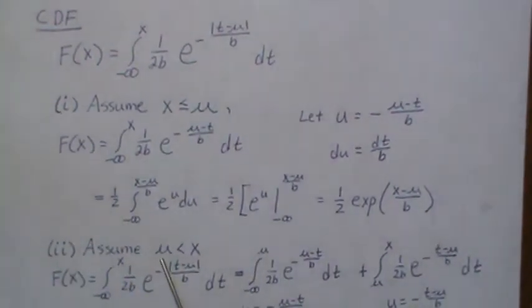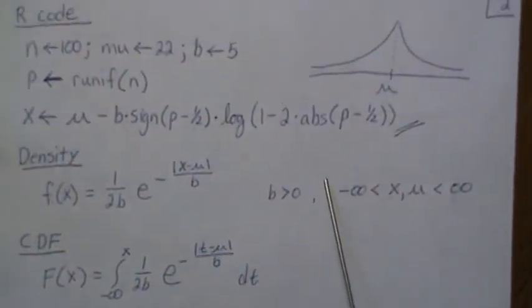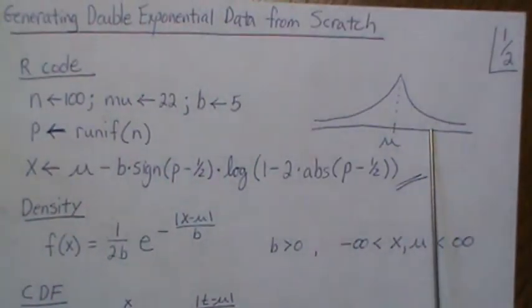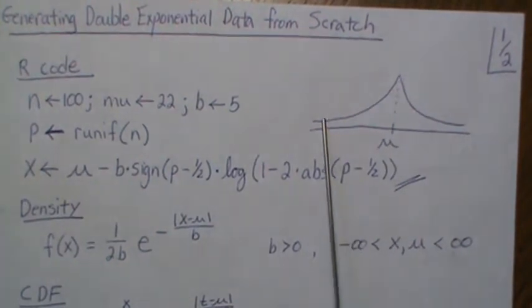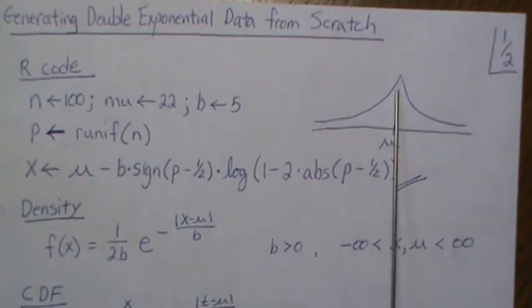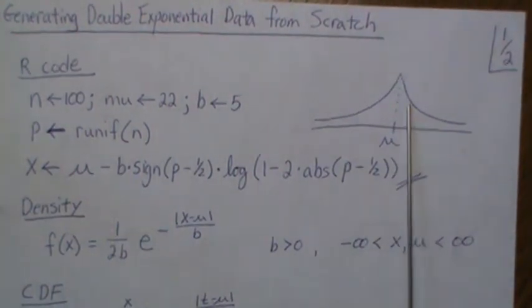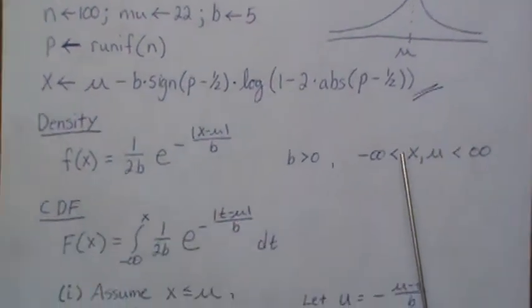Now we have to assume that x, the point where we stop, is greater than mu. So that means x is over here and we're integrating this whole area here. But we know this area is 1/2, so we can skip that and just integrate from mu to x, and then we find that area.